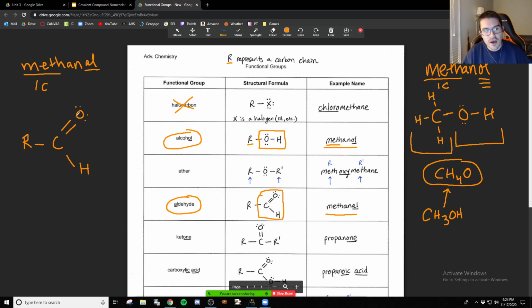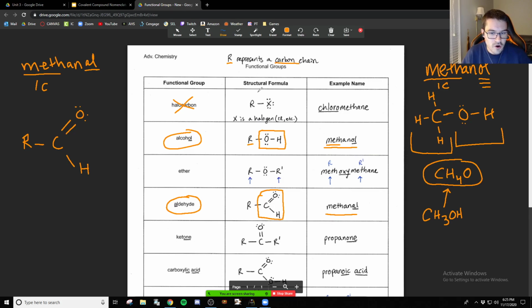Okay, and you can see how this is different from an alcohol, right? In an alcohol, you have an oxygen single bonded to a carbon. In the aldehyde, the oxygen is not bonded to the hydrogen at all. They're both bonded to this central carbon. Now, I mentioned previously that there are some exceptions where R does not necessarily represent a carbon chain.